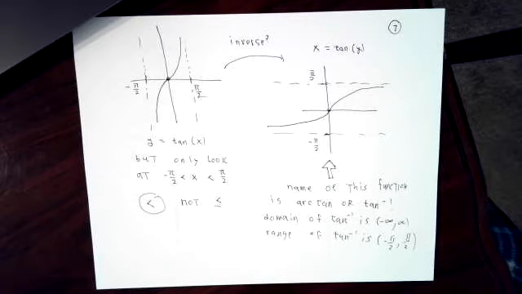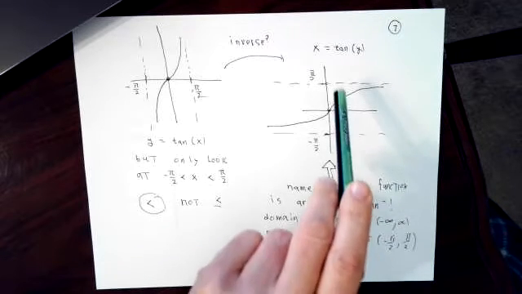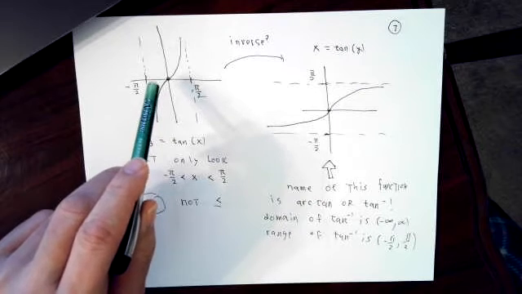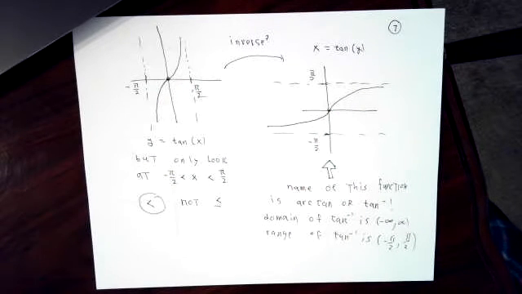If you look at the previous page and think about that graph, one thing that I could do would be look at all of the x values that are strictly between negative pi over 2 and pi over 2. This will produce all of the values of the tangent function and will not have any repeats associated with it. If you take that and interchange the x and the y so that x is tangent y now, this chunk, when you flip it over, gives you this picture.